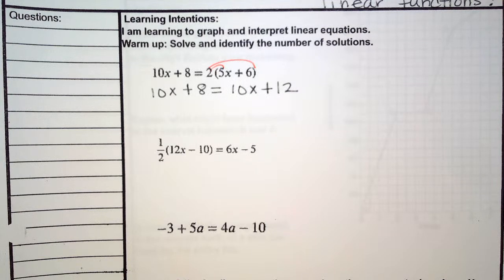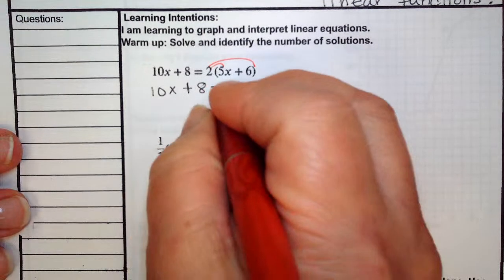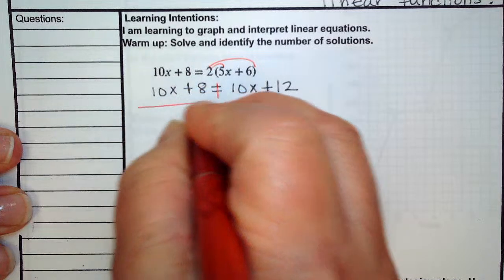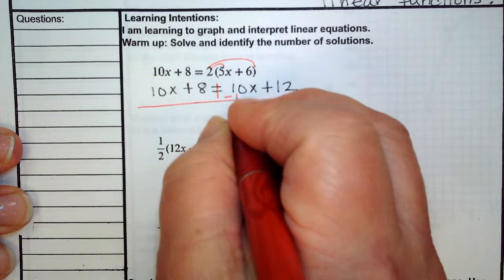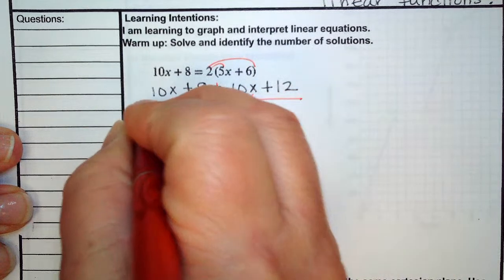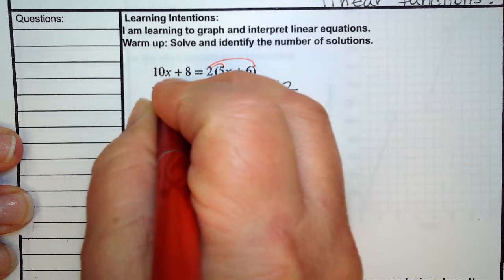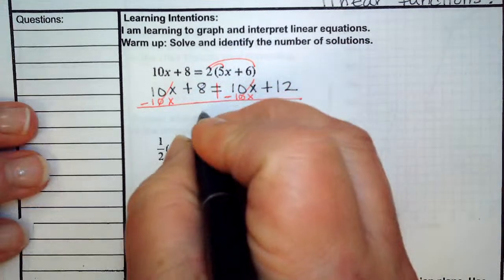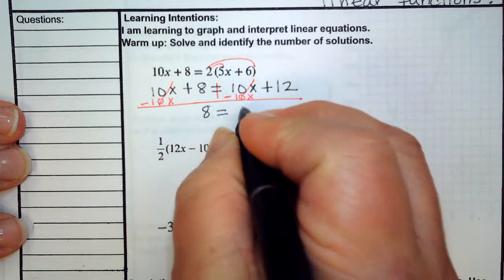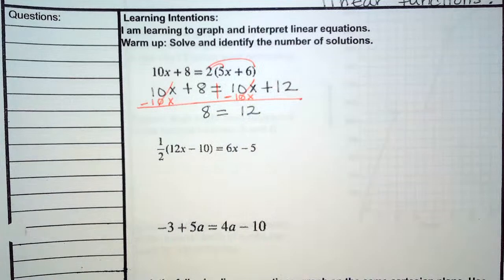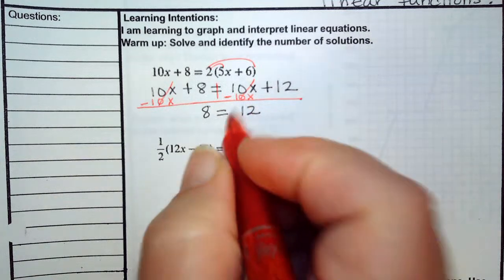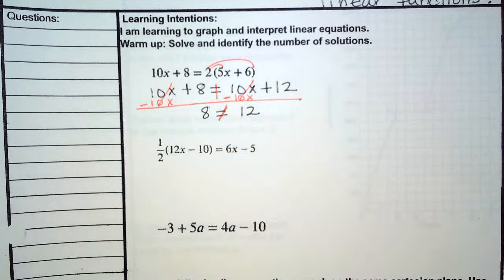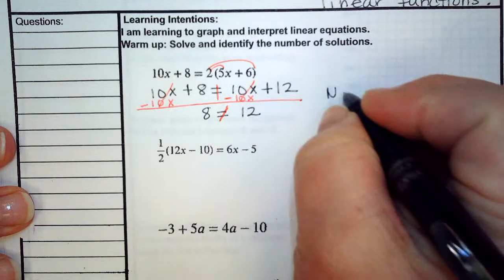If you don't see it, let's go ahead and subtract 10x from both sides. I end up with 8 is equal to 12. Is 8 equal to 12? No, and it will never be equal to 12. That means I have no solutions.